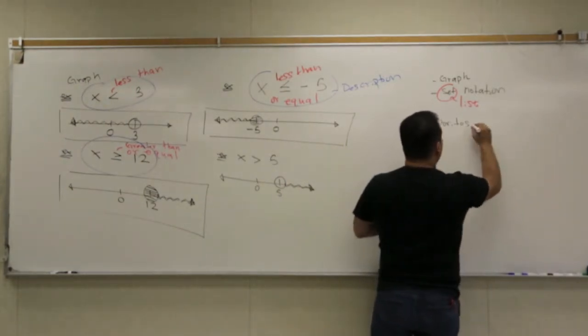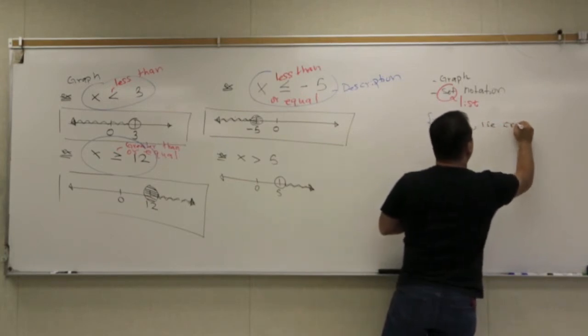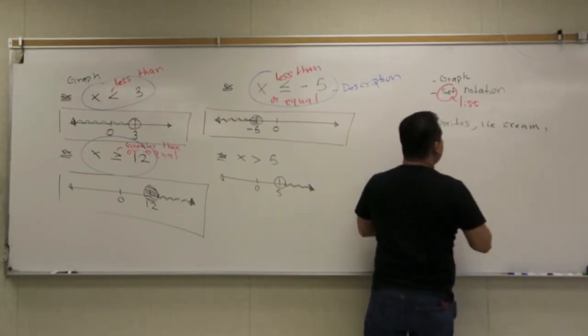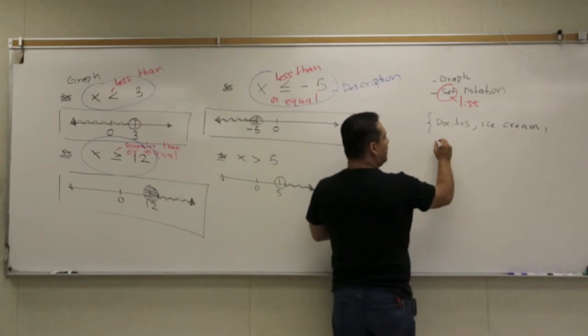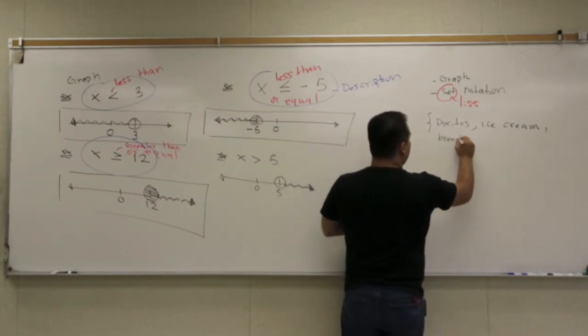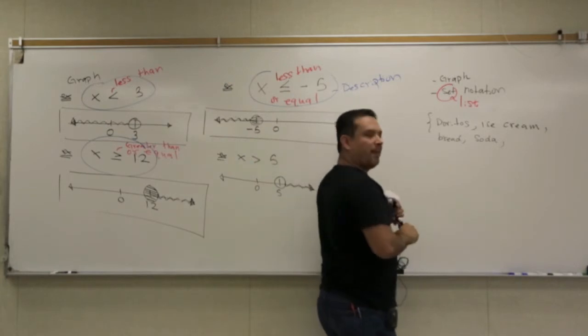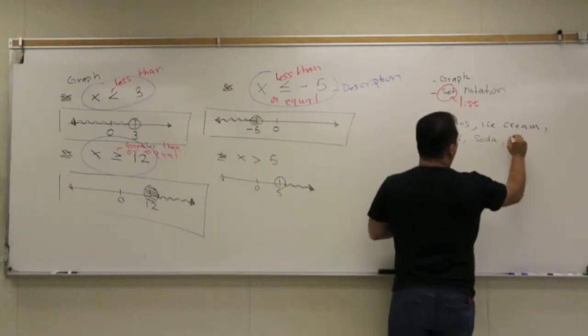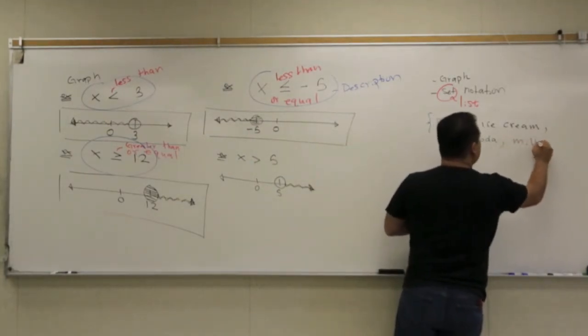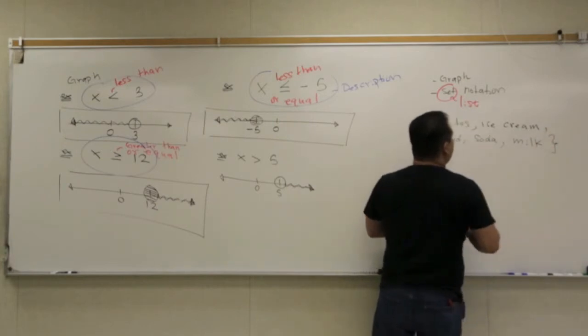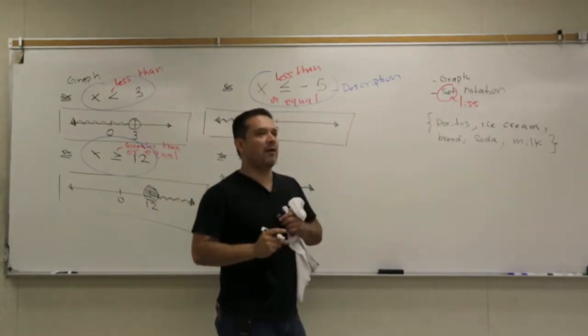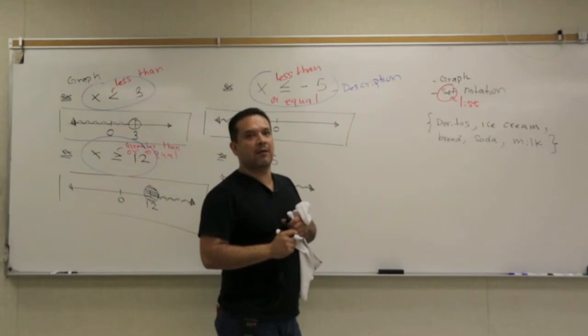I have no idea. Ice cream, I can spell ice cream. What else? Bread. Soda. Milk? Okay. And when we close the list, we put the other curly bracket. This is a set.